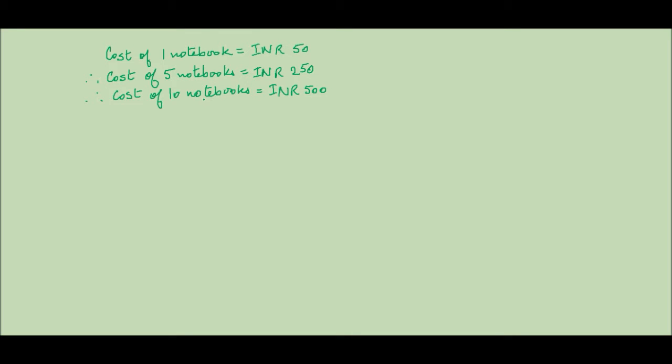If the first parameter decreases, like the cost of 10 notebooks is INR 500, and now we think of purchasing 5 notebooks instead of 10, we have to pay INR 250 instead of INR 500. So, as the number of notebooks decreases, the price that we have to pay decreases correspondingly.